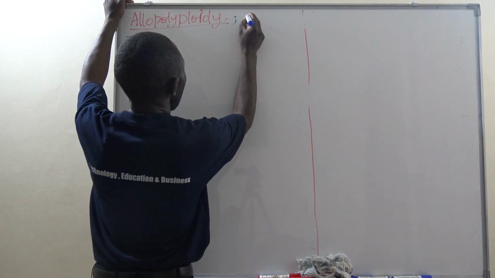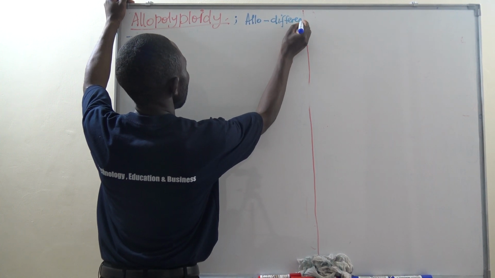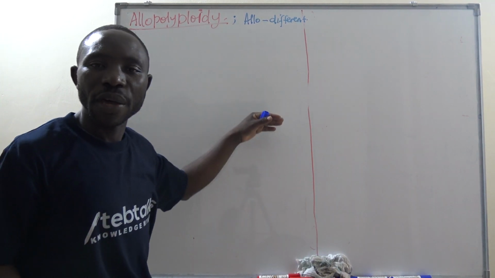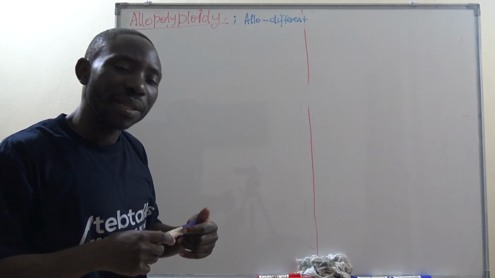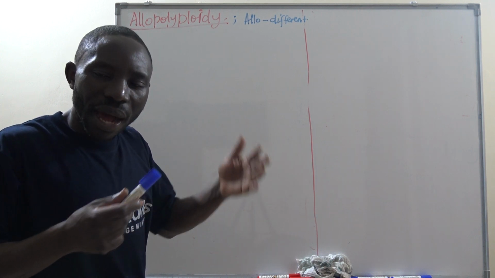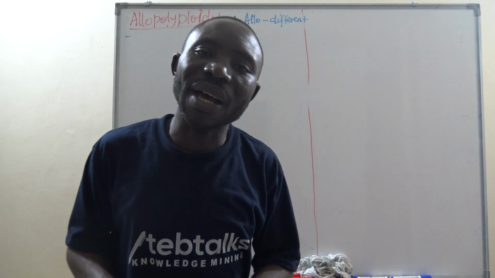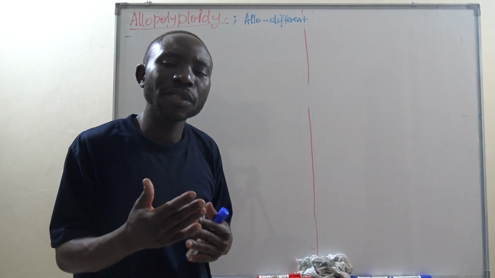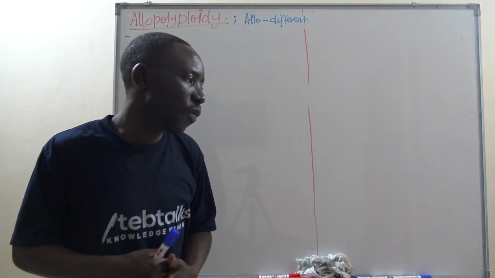So the word allo means different, and this type of polyploidy occurs whenever two parents of different species but closely related meet together to form a hybrid, and hybrids have an odd number of chromosomes, and for that matter those chromosomes do not form successful homologous pairings or bivalents, thus they are sterile or infertile.